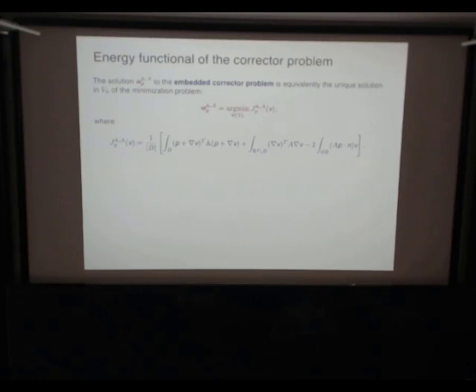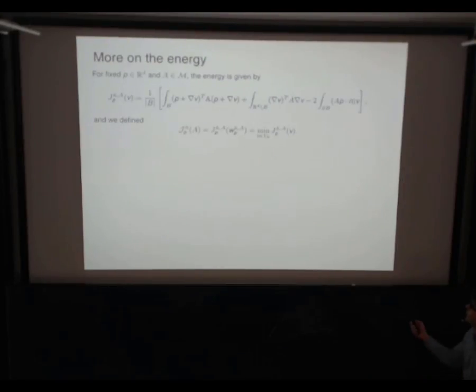If you take the Gateaux derivative, then you find the PDE. So now what I call calligraphic J_P of A is nothing else than the evaluation of the energy associated to the PDE for the minimizer. So here it's just rewritten.